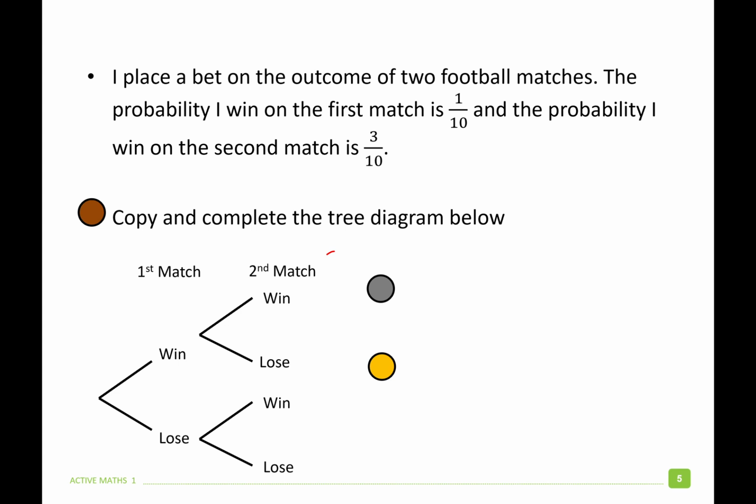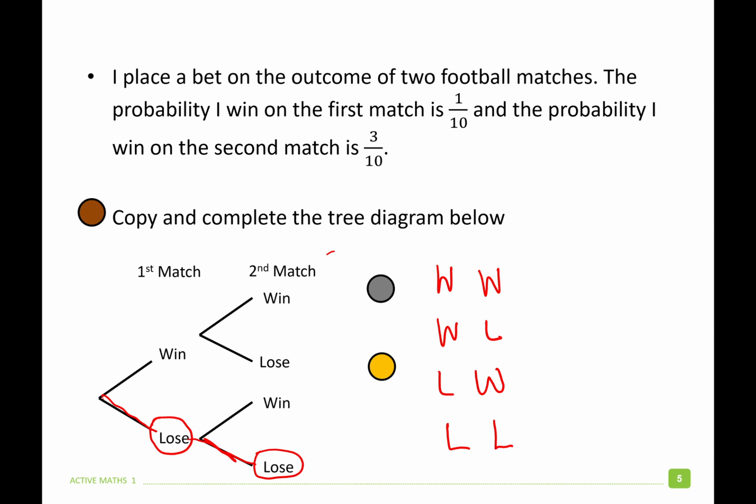All of the possible outcomes of this match are: I could win and win, or I could win and lose, or I could lose and win, or I could lose and lose.